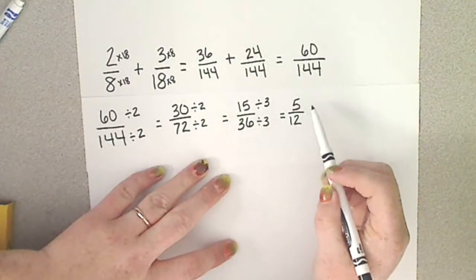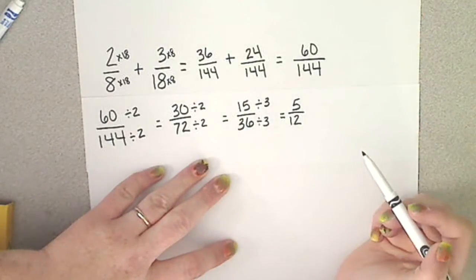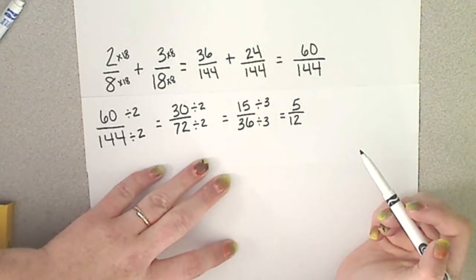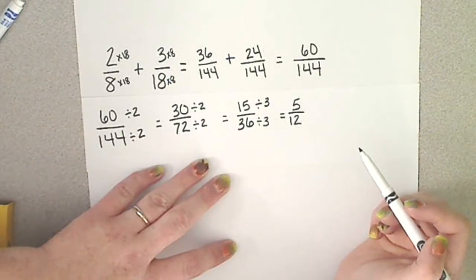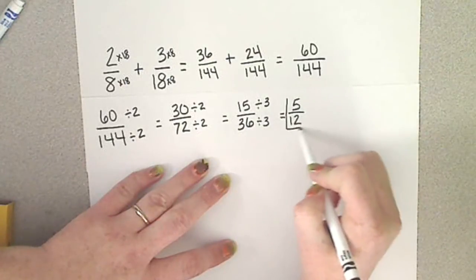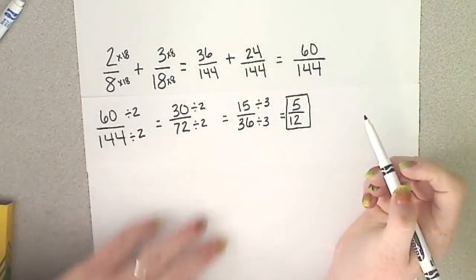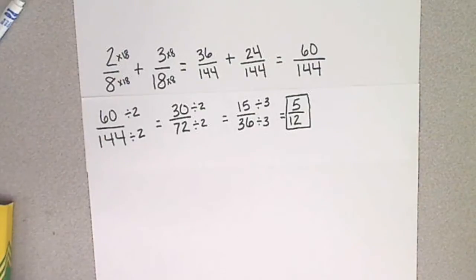I cannot divide 5 and 12 by the same number and get a logical answer. I just can't. So my final simplified fraction is 5/12.